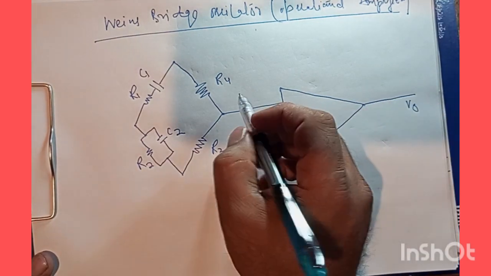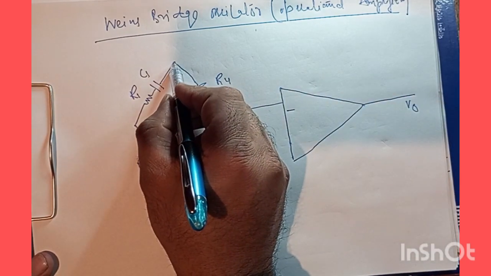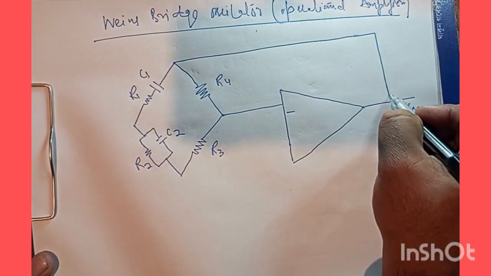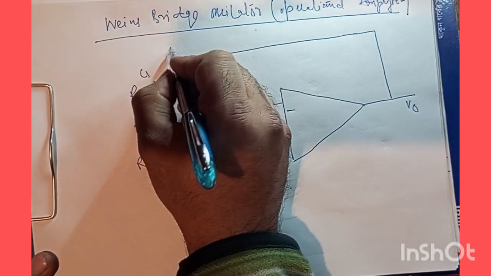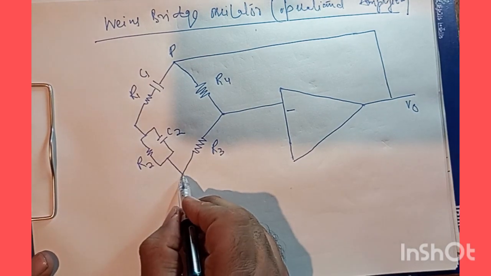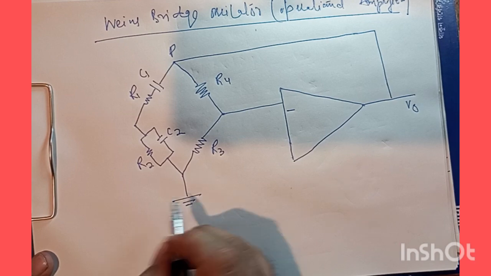And the output of the operational amplifier is connected to this bridge. Say this is point P, and this bridge is grounded here.